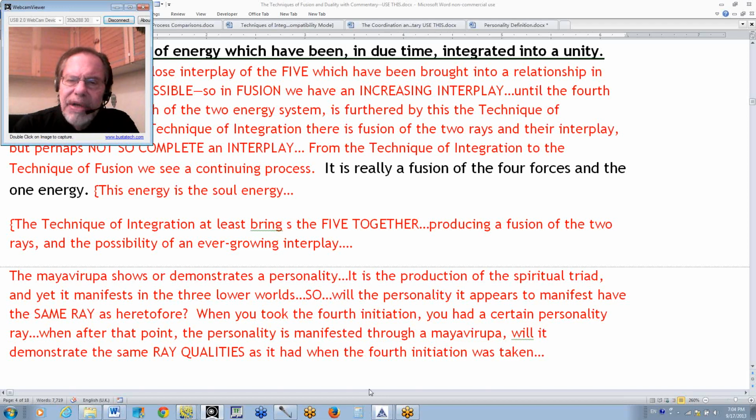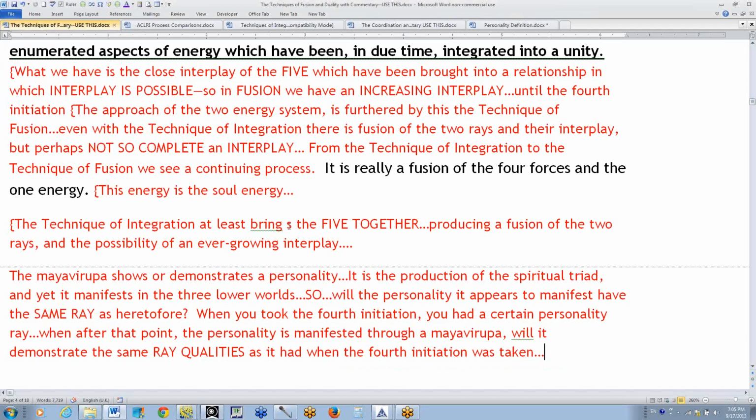Then there is, of course, a relationship between the spiritual triad and the personality directly. Is the personality ray as it was before that initiation retained? So I think what I'm saying is that this personality ray, because of the mechanism of the Maya Varupa, can be retained longer than we might suspect.